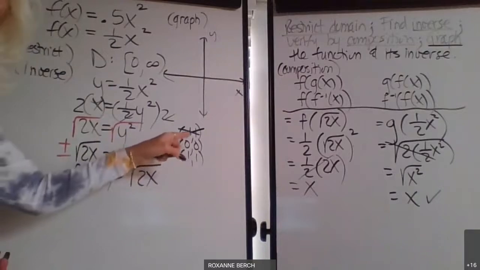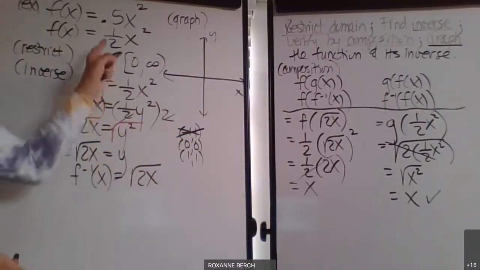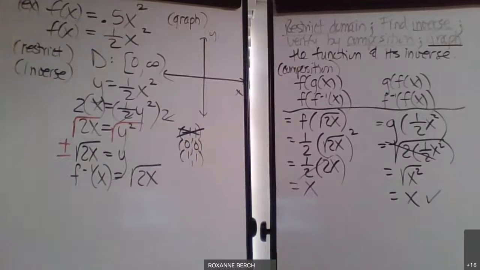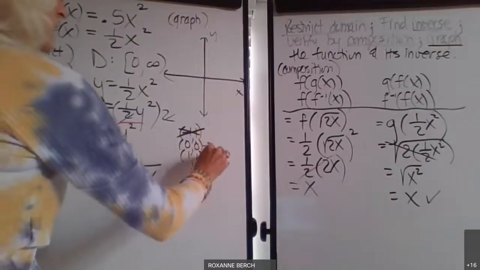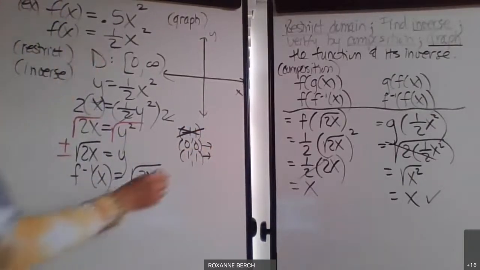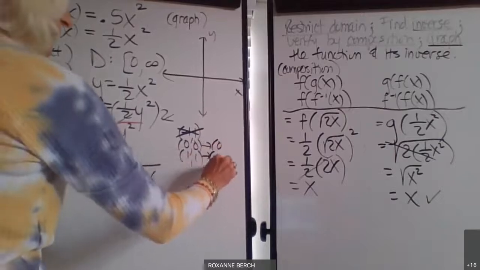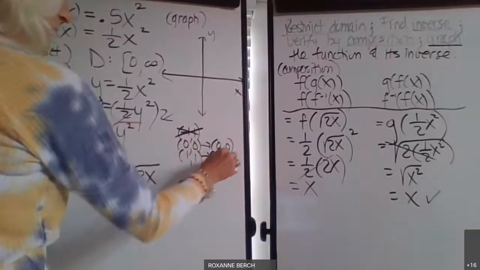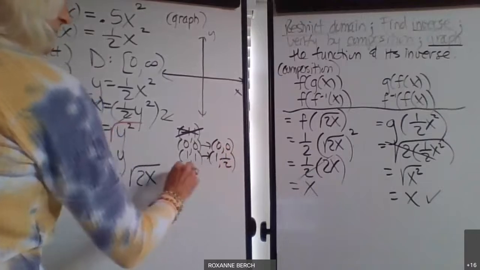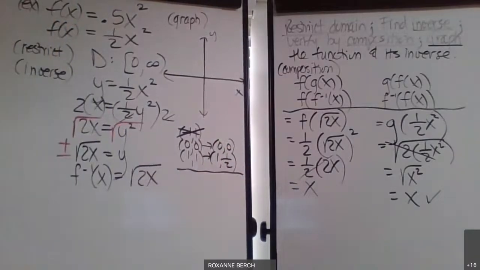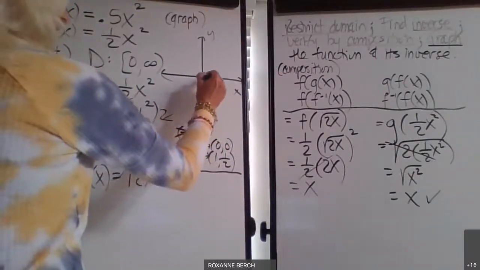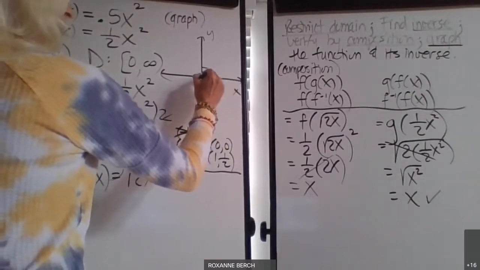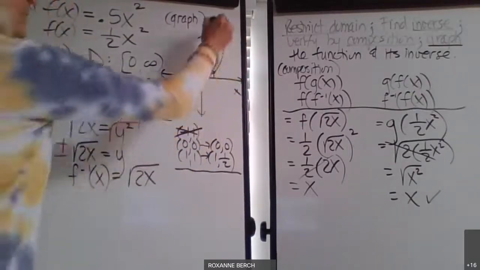So left one, up one does not exist in this problem because we're saying the parabola only exists to the right of 0. So we're going to do a vertical compression by 1/2. So vertical means multiply the y by 1/2. So what we have here is 0, 0, and right 1 up 1/2, and we're only drawing half of the parabola.